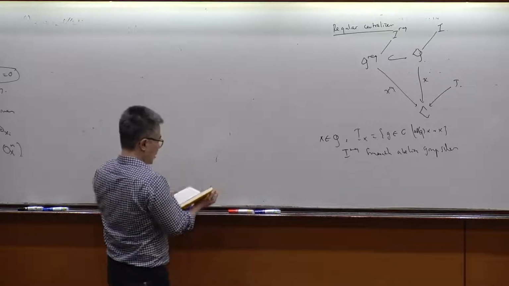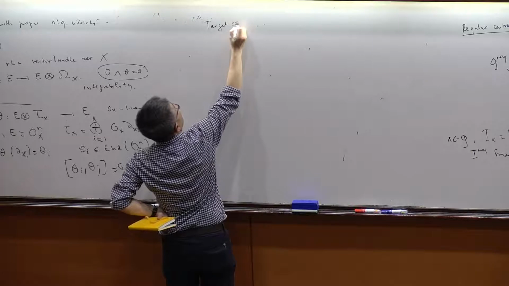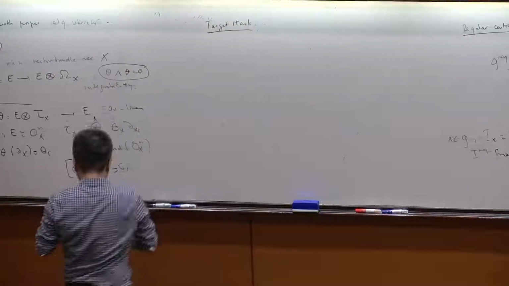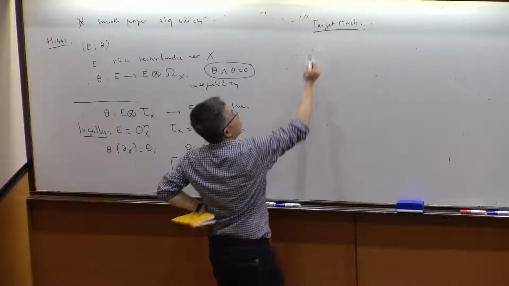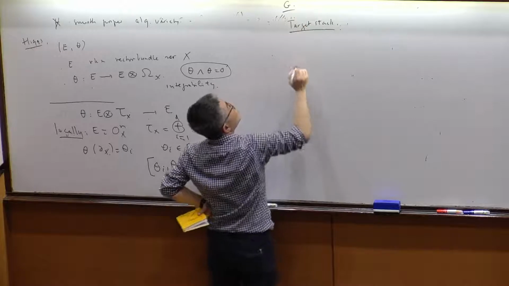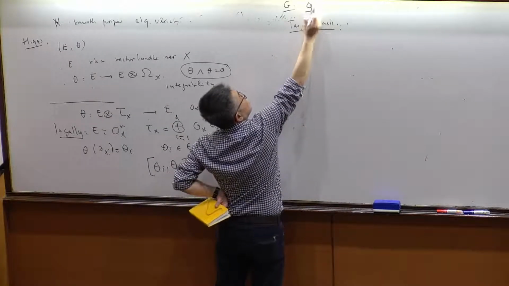And obviously you have the kind of target stack. Now let G be some kind of reductive group, not necessarily GL_n.